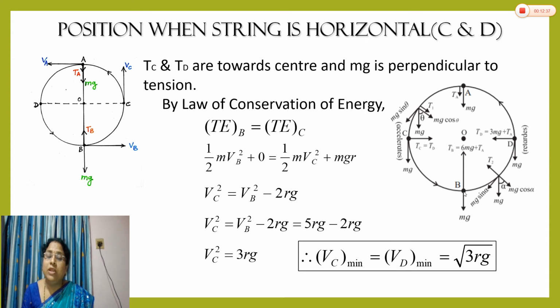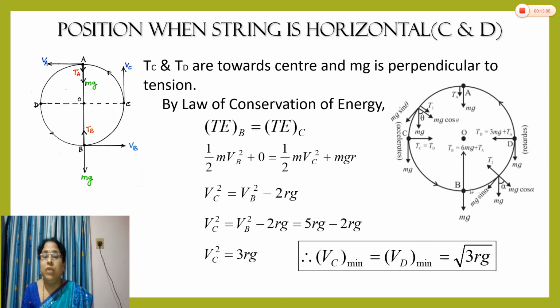Listen here, when the object moves from the lowermost point to the uppermost point, its speed goes on decreasing. And when it moves from the uppermost point to the lowermost point, its speed increases. At every point, one component of tension is tangential to the object, and that's why the object may turn and change the direction of its velocity.